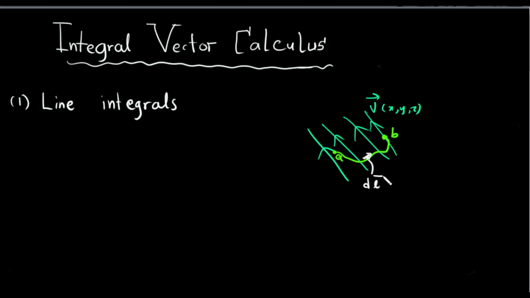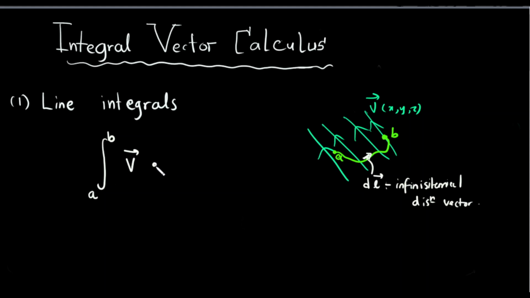Let's say that dl. So this is my infinitesimal displacement vector. So I'm going to define the line integral. The line integral is defined as integration from a to b. Since we know that v is a vector function, it depends on x, y, z.